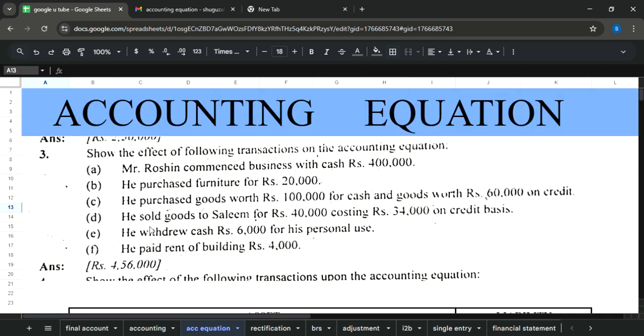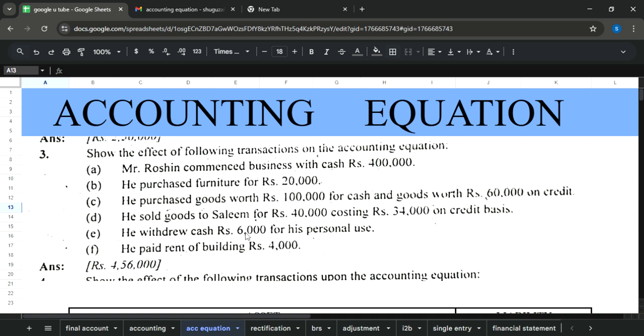Over here, he withdrew cash 6,000 for his personal use. Please note it down. Personal use is called drawing. That means the amount which was provided over here was capital, and he had drawn the amount for personal use, so his capital would be decreased.